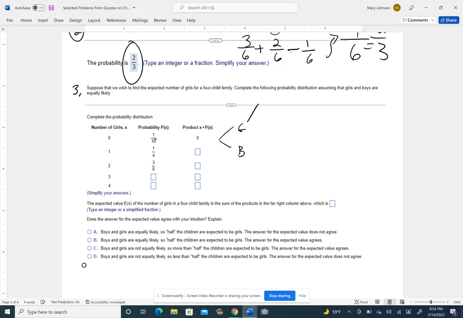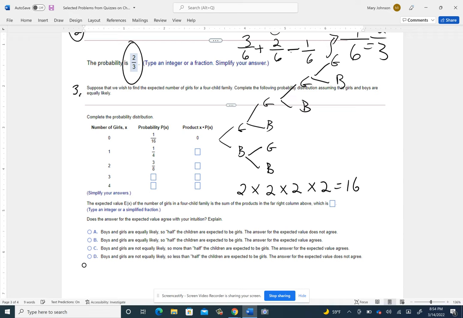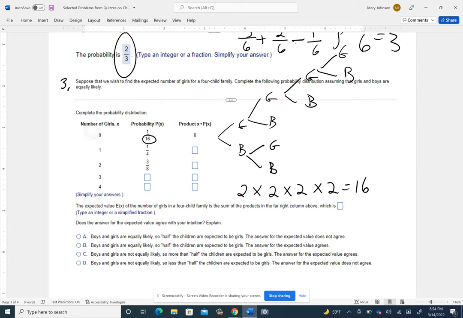Could be girl or boy, and then each of those could be a girl or boy, and we could keep going like that, right? Let me just do a few so you can see it. So you'd have all these branches once you finish it. So you had 2 possibilities for the first child, times 2 for the second, times 2 for the third, times 2 for the fourth. And that gets you to 16 possibilities. That's why you see the denominator of 16 there.